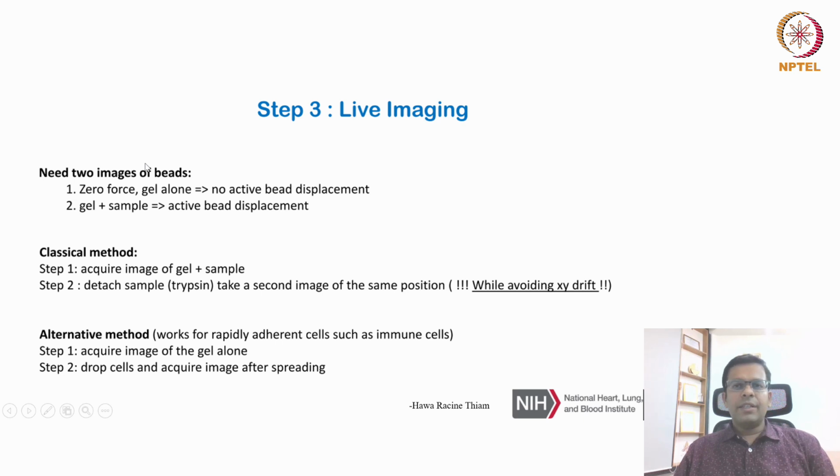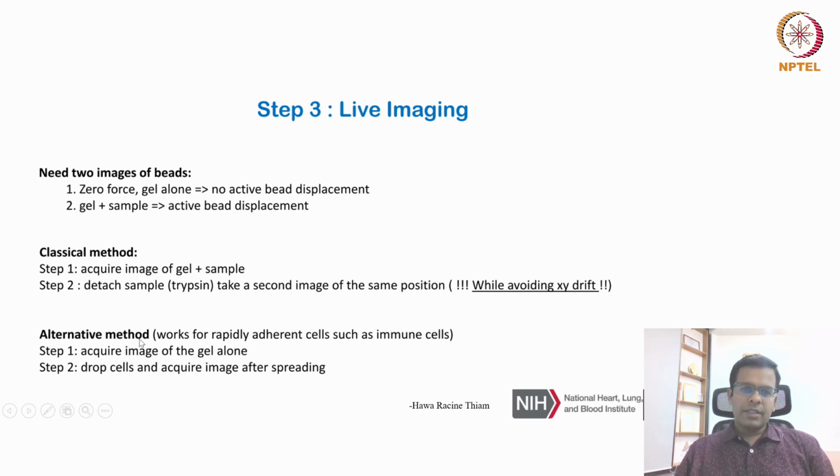For measuring the displacement, you need two images. The zero force image, that is the gel alone with no active bead displacement, and the second image is for the gel plus sample, where you can measure the active bead displacement. The classical method is to acquire an image of the gel plus sample, detach the sample, and take a second image of the same position while avoiding any XY drift.